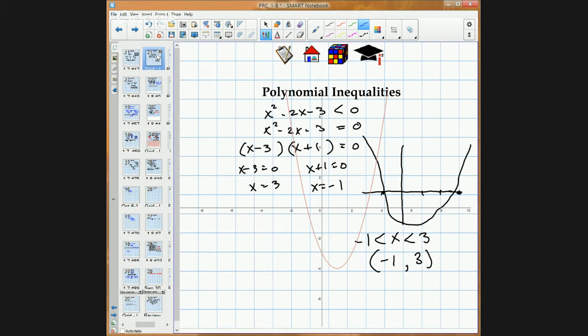But you notice what I did in the very first line here? Right away, I changed it into an equation. Now, let me explain. What we're trying to do is find out when this parabola in the top line here is below the x-axis. That's what less than 0 means. So when will this parabola be below the x-axis?